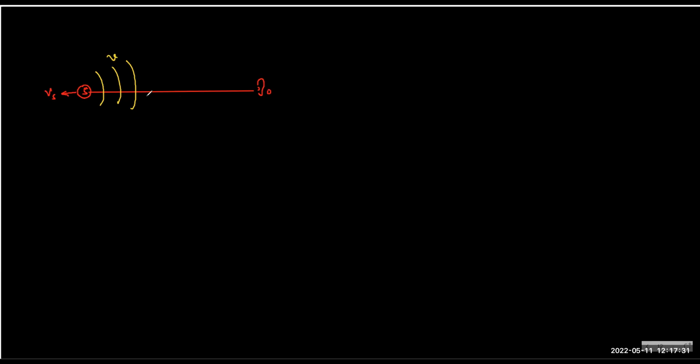So now when the first peak will be here after time t, so at t equals 0, the source was here, and this is the separation.